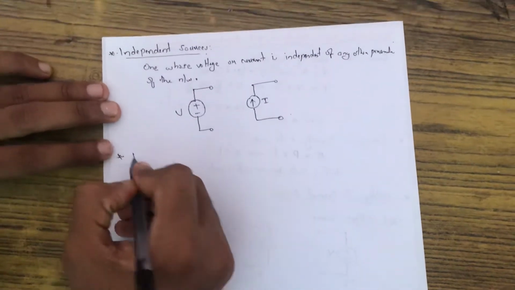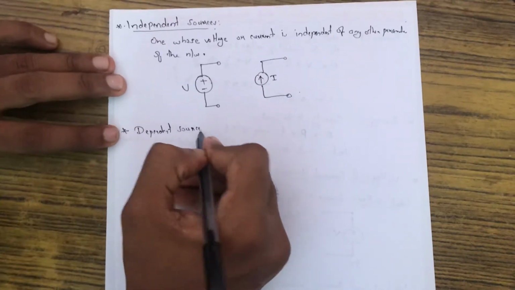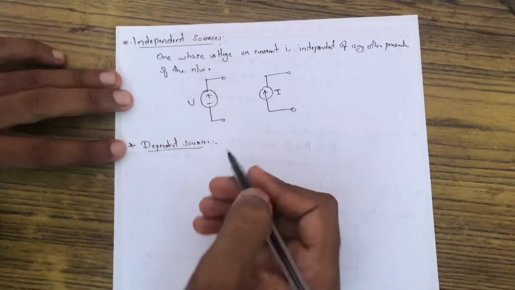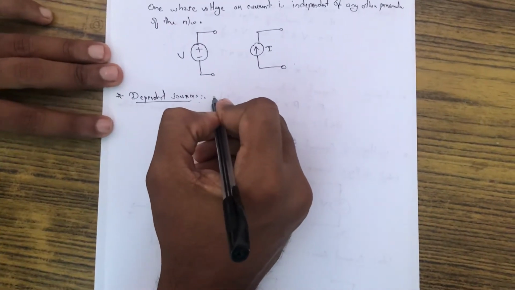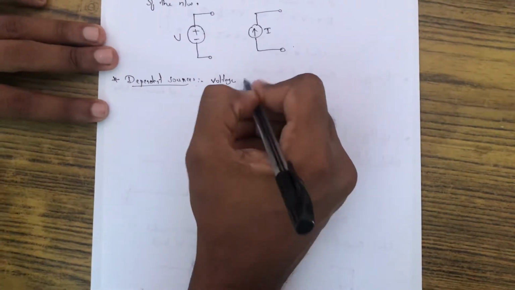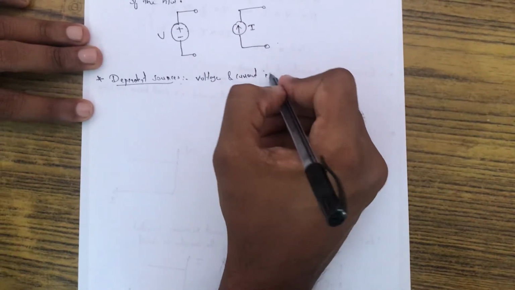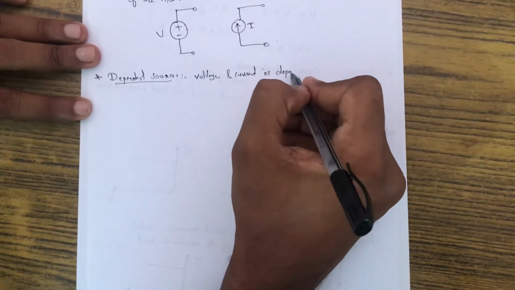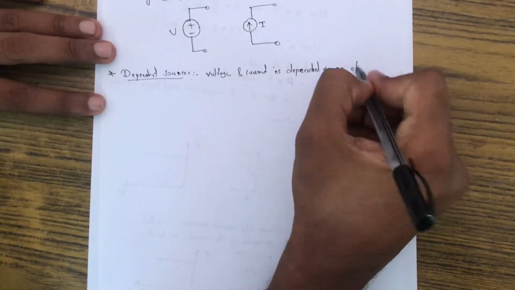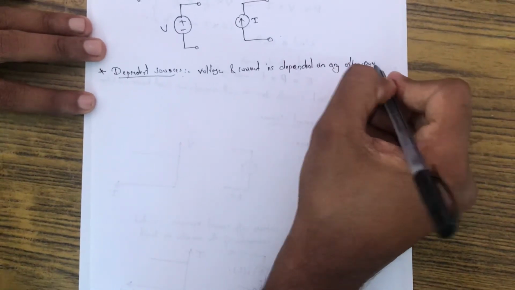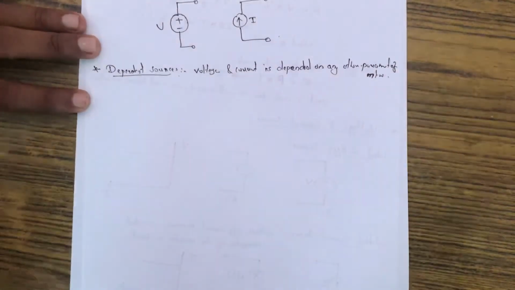Next, let us see about dependent sources. They are sources whose voltage or current depends upon any other element of the network. If the voltage or current of the source is dependent on any other parameter of the network, then we can say it is a dependent source.